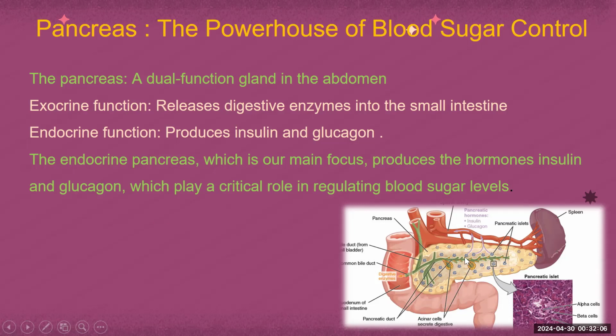But if we talk about the pancreas as a ductless, or endocrine, gland, it produces two main hormones, insulin and glucagon. The pancreas is our main focus because it produces these hormones, insulin and glucagon, and they play a critical role in regulating blood glucose, or sugar, level.